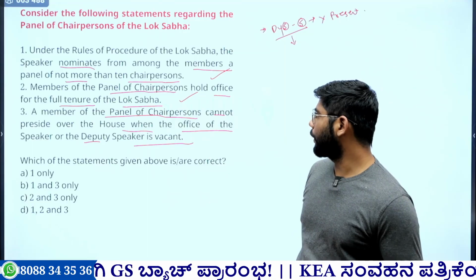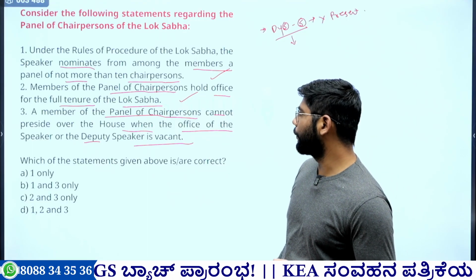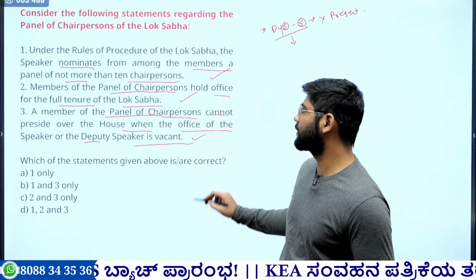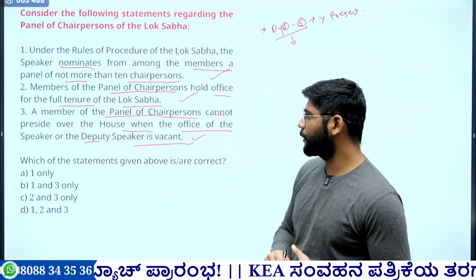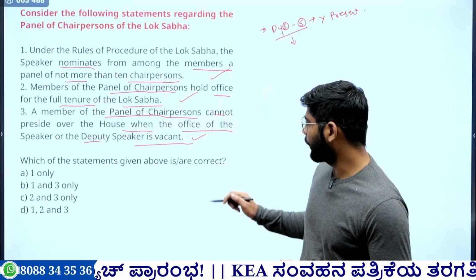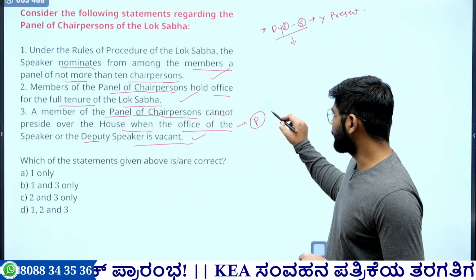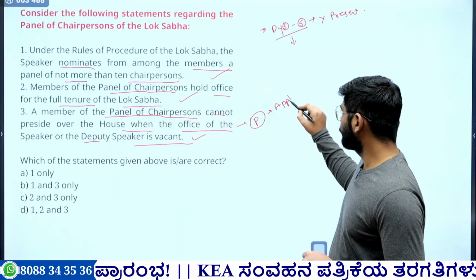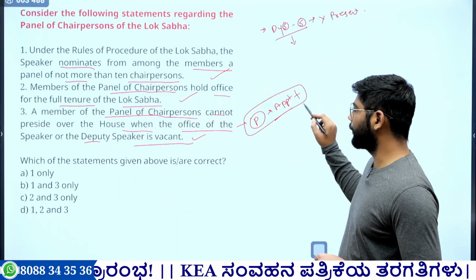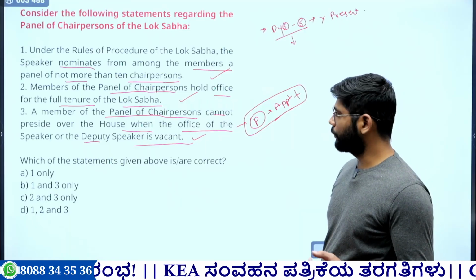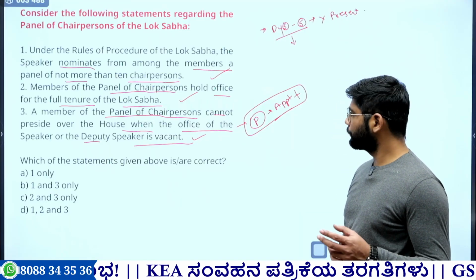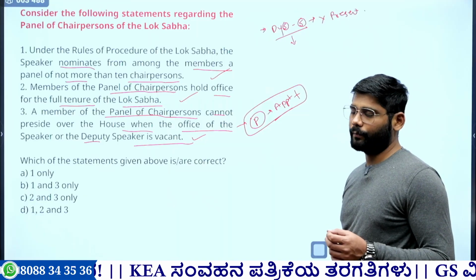Last one, a member of the panel of chairpersons cannot preside over the house when the office of Speaker and Deputy Speaker is vacant. Yes. If the offices of Deputy Speaker and Speaker are vacant, at that time the President will appoint one person from the Lok Sabha to preside over the proceedings.